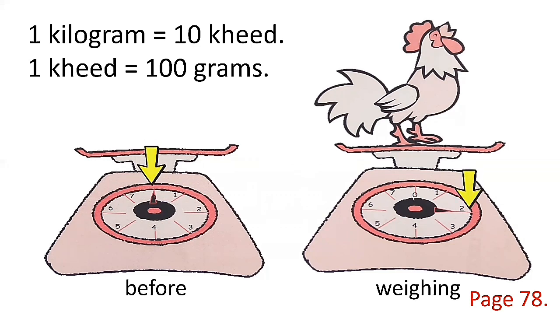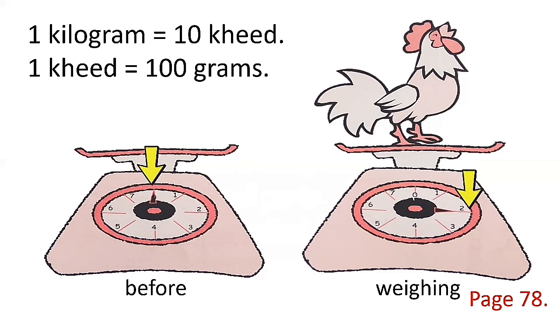Since in 1 kilogram, there are 1,000 grams, that means in 10 kid, there are how many grams? There are also 1,000 grams, since 1 kilogram is equal to 10 kid, and 1 kid is equal to 100 grams.